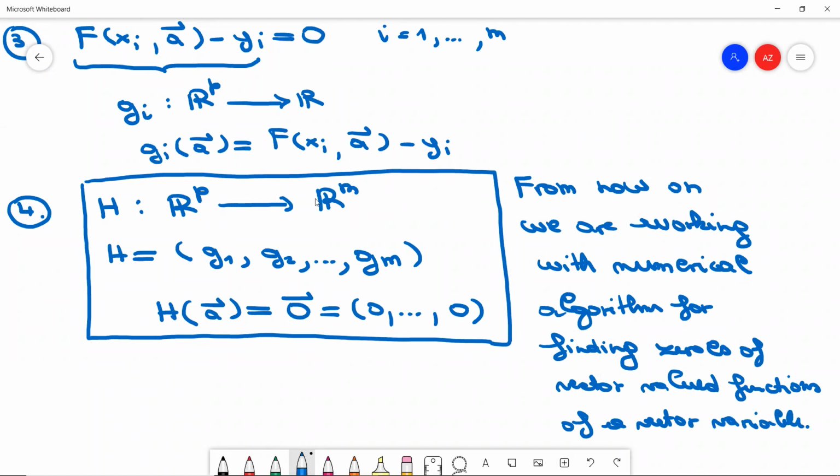So as I said before, vector valued means that the codomain is more than one-dimensional, and vector variable means that the domain is more than one-dimensional.